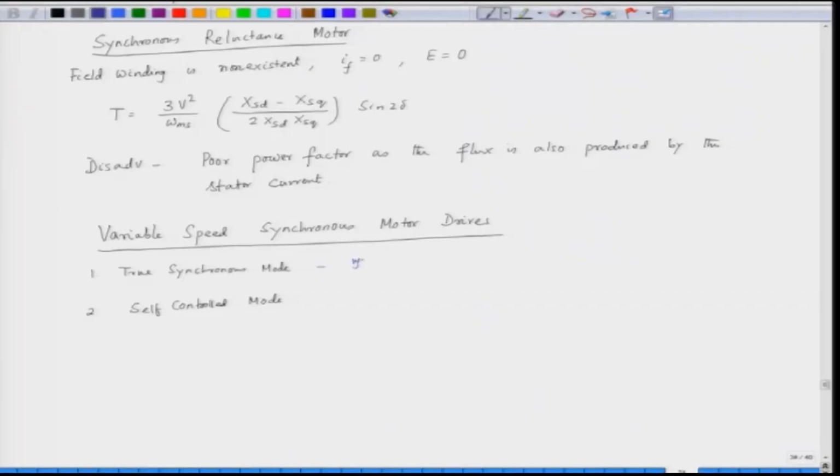Now, if the frequency is varied independently, we call those drives operating in true synchronous mode. So, frequency is controlled independently.